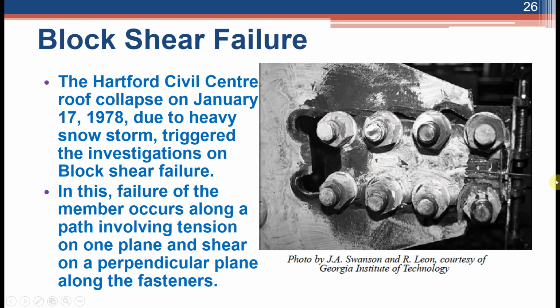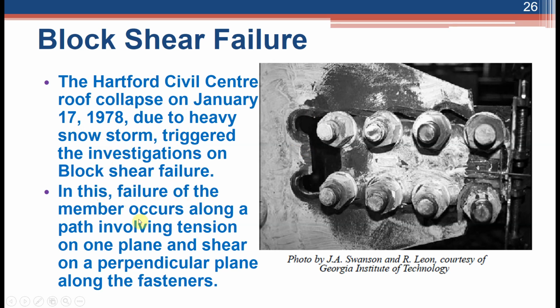So these planes are shear planes, and this is the tension plane. This block shear failure is a combination of shear failure along the load and a tensile failure plane perpendicular to the load. The Hartford Civic Center roof collapse on January 17, 1978, due to a heavy snowstorm, triggered the investigations on block shear failure.